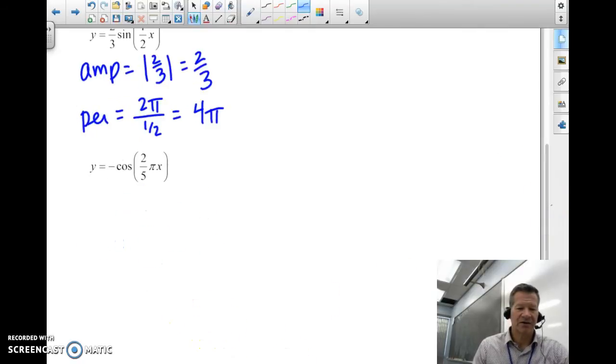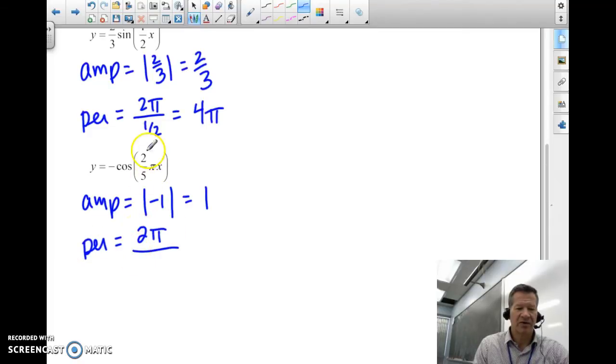And then this last one, the amplitude, you'll notice there's a -1 as a lead coefficient, so the amplitude would be the absolute value of that, so the amplitude will be 1. The period, careful here, is normally 2 pi, but they're multiplying by 2/5 pi, so we have to divide by 2/5 pi.